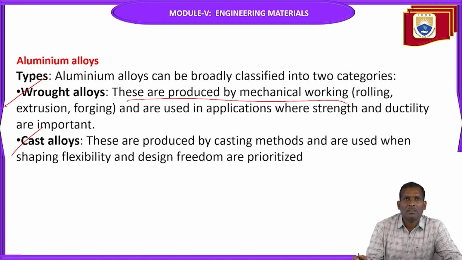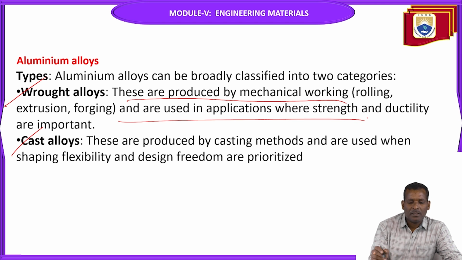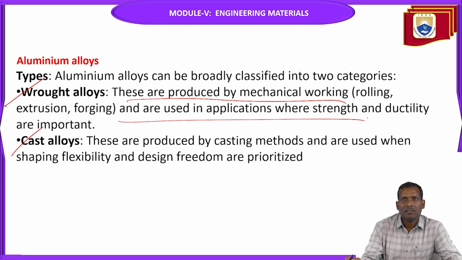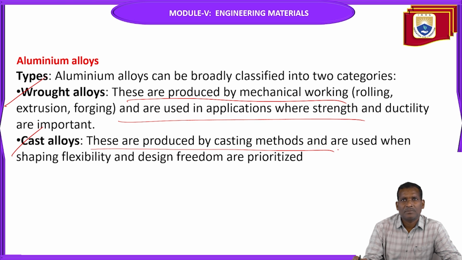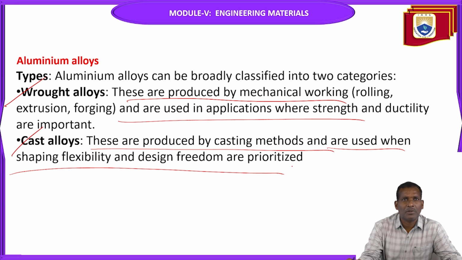All these are mechanical manufacturing processes, and they are used in applications where strength and ductility are important. Cast alloys are produced by casting methods and are used when shaping flexibility and design freedom are prioritized.